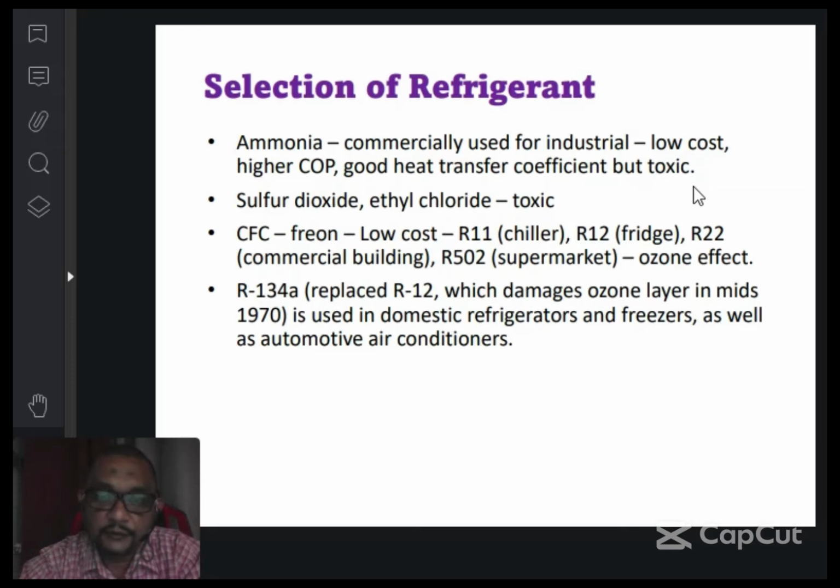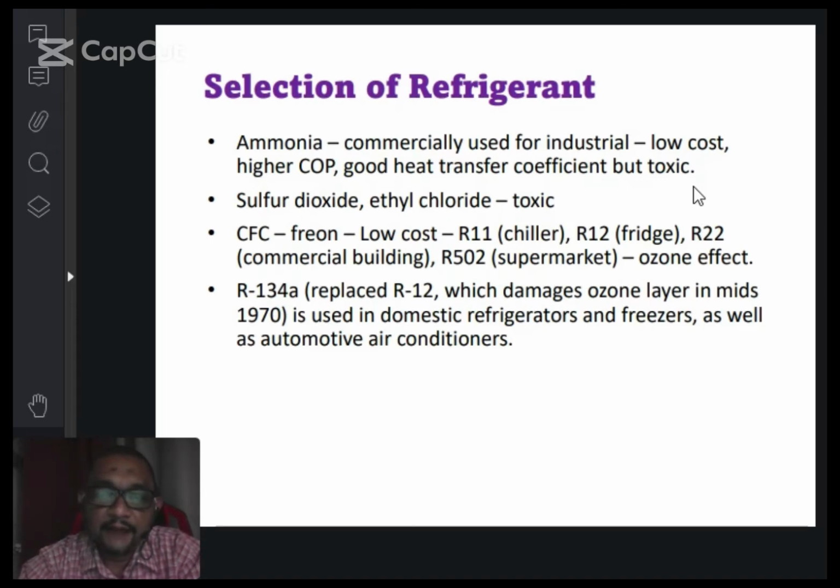It also has higher coefficients of performance and good heat transfer coefficients. But ammonia is toxic, same as sulfur dioxide and ethylene chloride, which are also toxic.